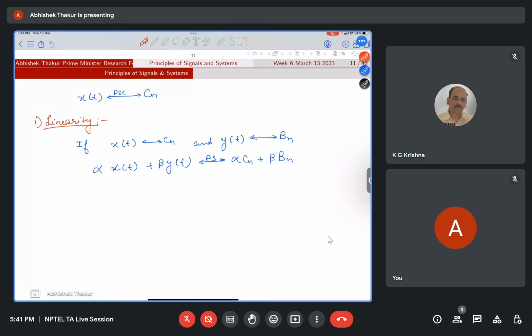And next we will see the time shifting property.